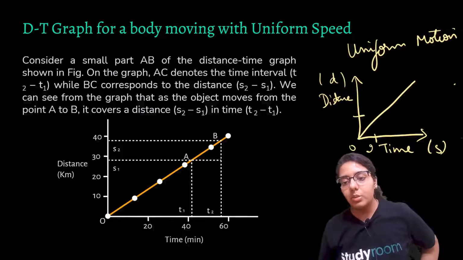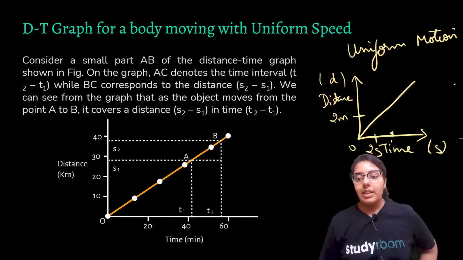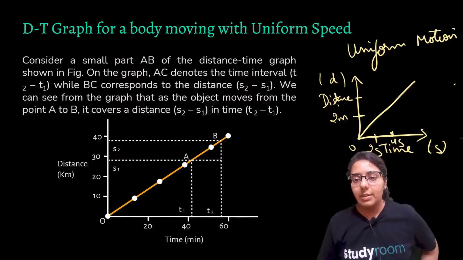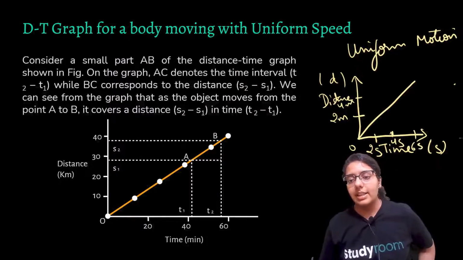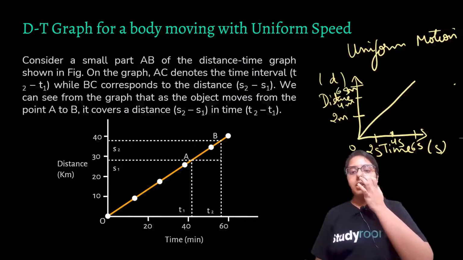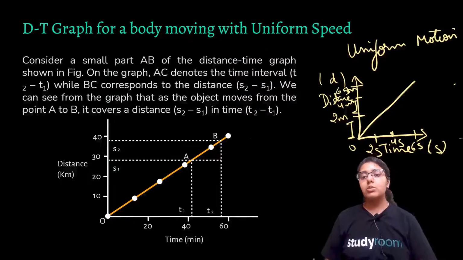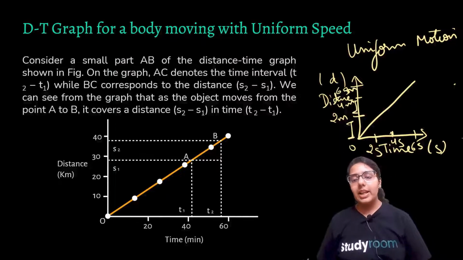For example, in 2 seconds, if a person is travelling 2 meters, in 4 seconds he is travelling supposedly 4 meters, in 6 seconds he is travelling supposedly 6 meters, okay? So this is a uniform motion because an equal amount of distance is travelled. Here also 2 meters, here also 2 meters, here also 2 meters in equal intervals of time, right?